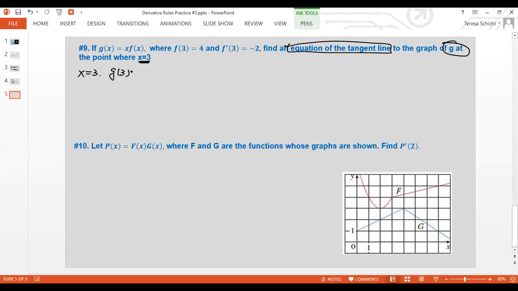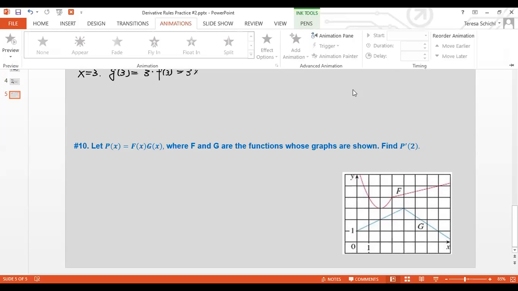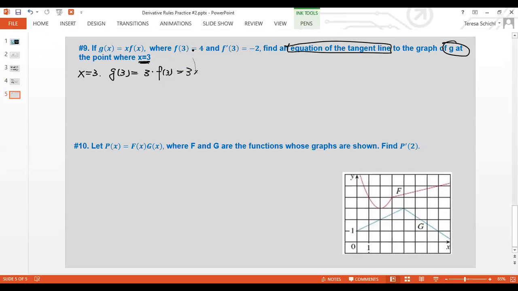That's my point, right? So it will be 3 times f of 3. f of 3 is 4, right? So it's 3 times 4, which is 12. So my point is (3, 12).